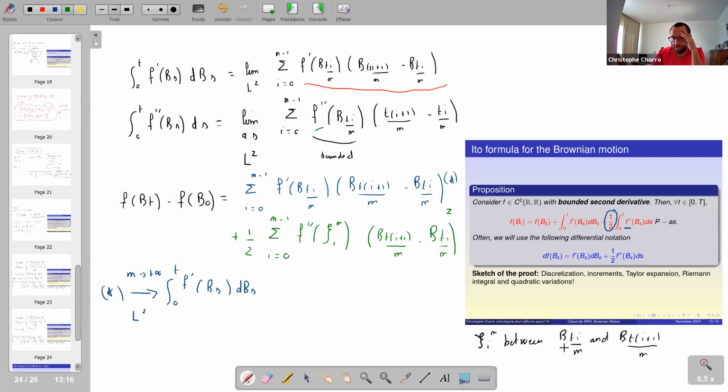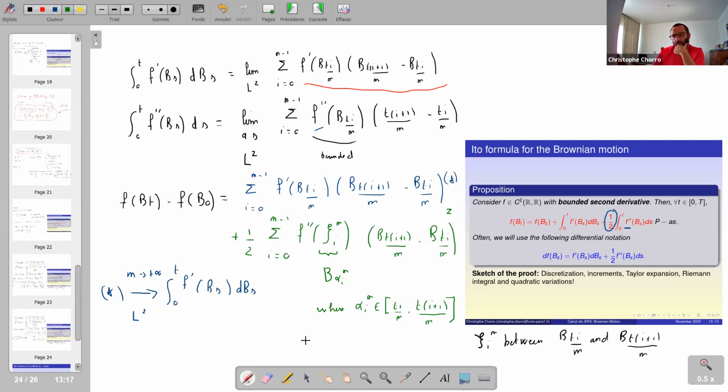And I say that in this situation, this one can be written as the Brownian motion at a time that I denote by alpha i n, where alpha i n belongs to the interval ti over n, ti plus 1 over n, excuse me.